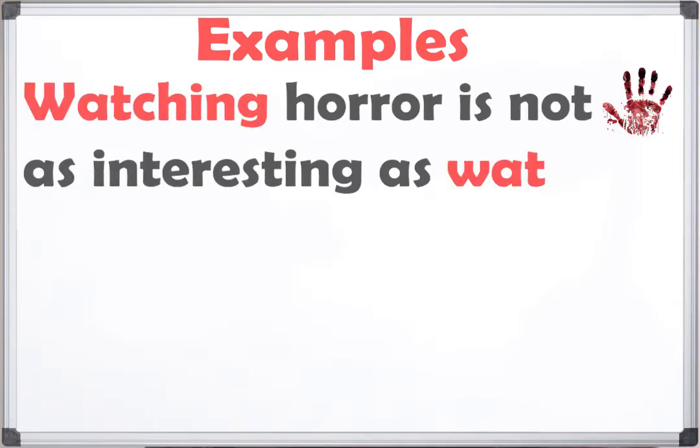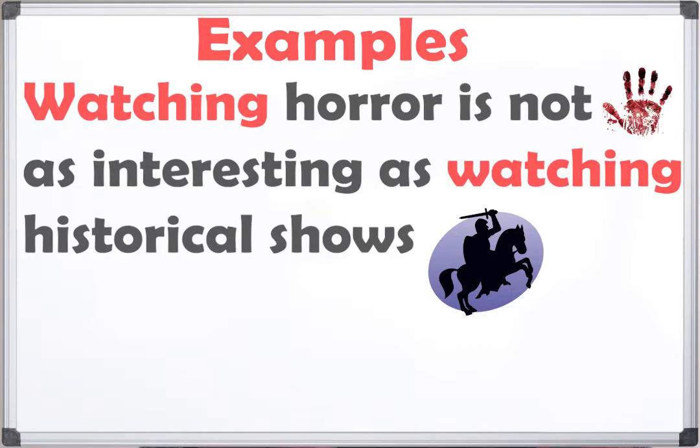So when there is no subject in a sentence and we need a subject, we use the verb in gerund form. For example, I can say, watching horror movies is not as interesting as watching historical non-fictional films. To watch is a verb, but I just used it as the subject of the sentence as a gerund, right?